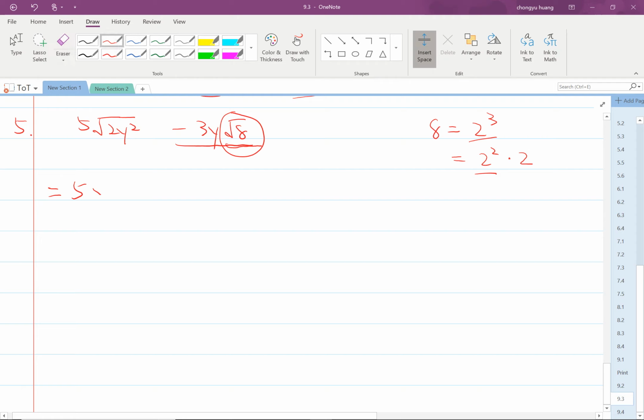Okay. So over here you can see in the square root we have a y to the power 2, right?